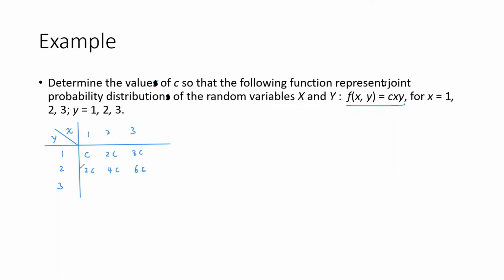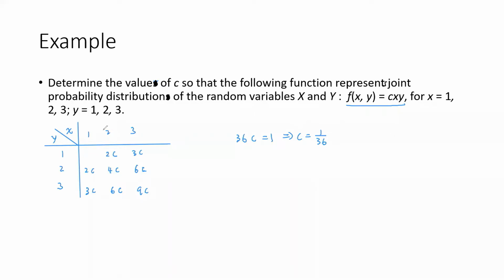Remember you multiply the x value and the y value, and multiply by C. And then you have 3C, 6C, and 9C. Add together, you have 36C, but it has to be 1, so we get C to be 1 out of 36.